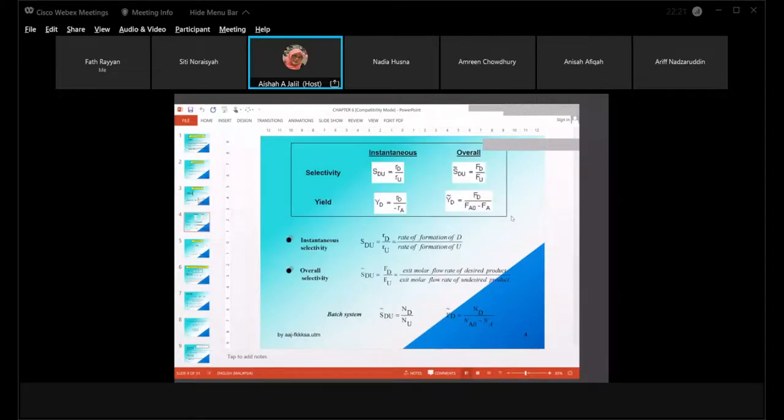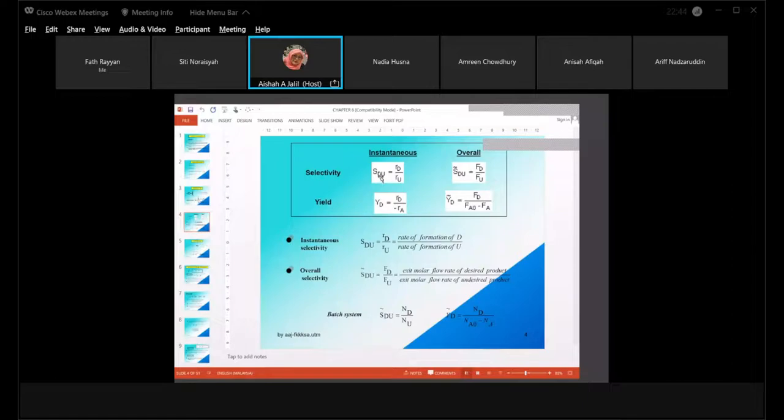Okay, this is how to calculate the selectivity. We have two, instantaneous and also overall. You can see this is the bar. SDU. What is the meaning of SDU? The selectivity of D compared to the U, the undesired product.